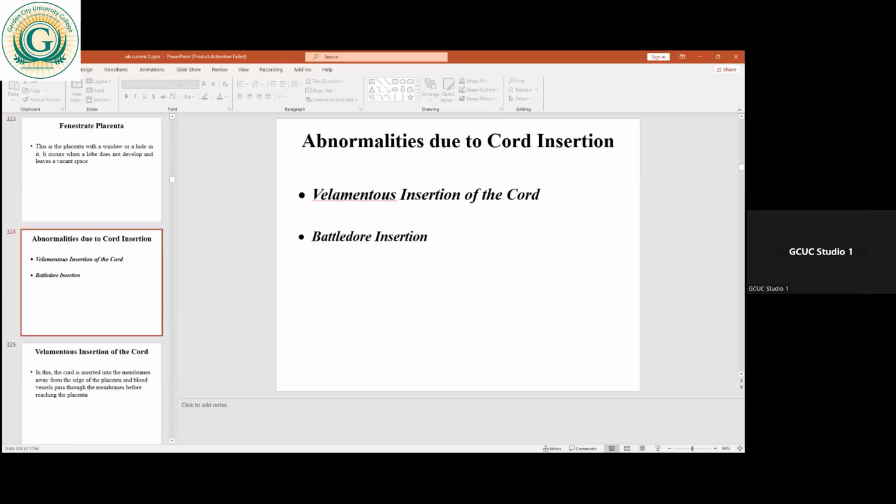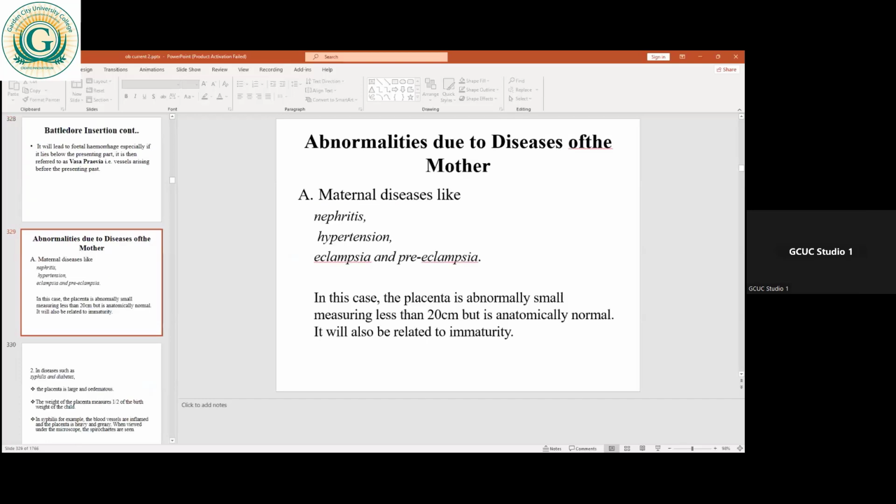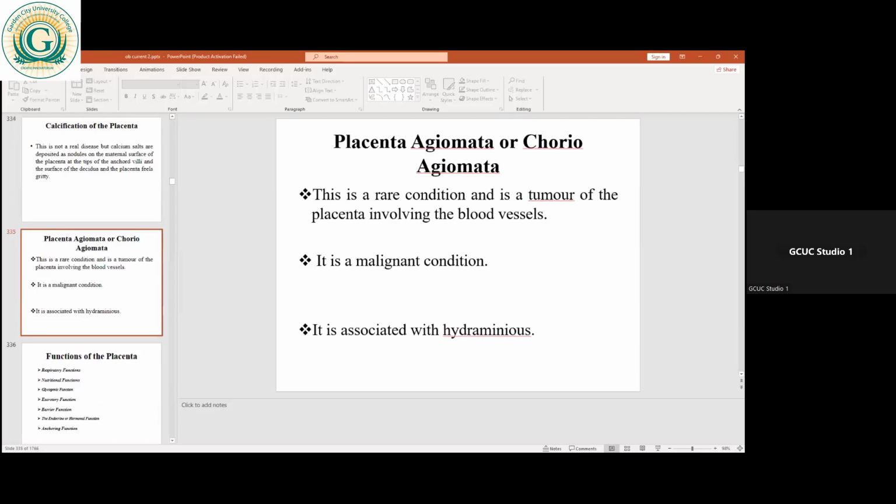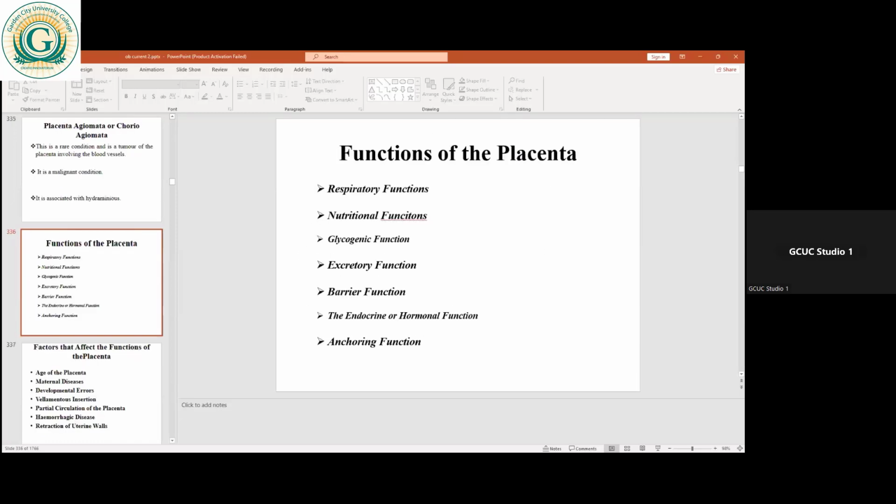That is where the disease of the mother comes in. Then we talk of the function of the placenta.